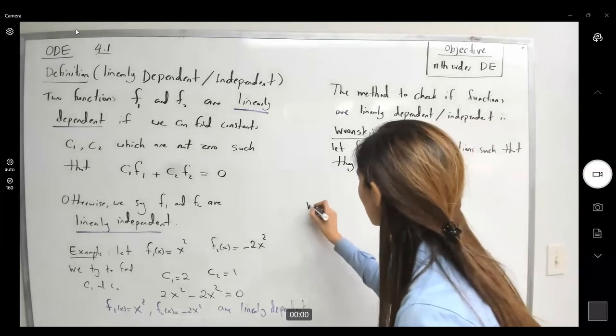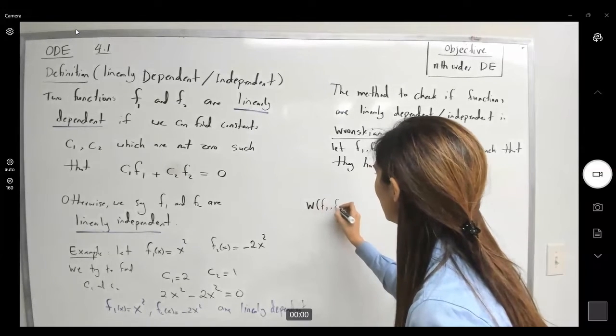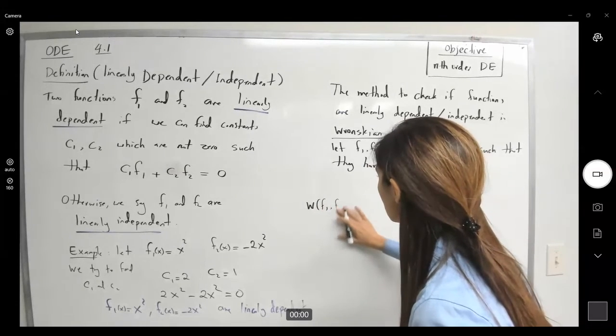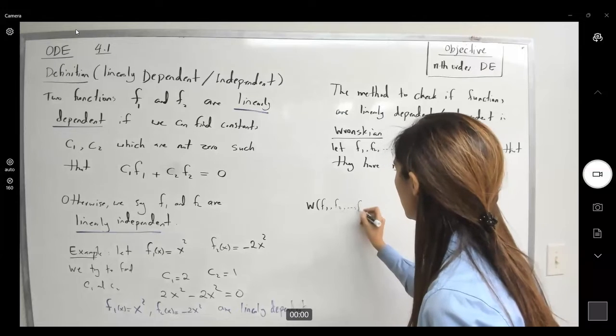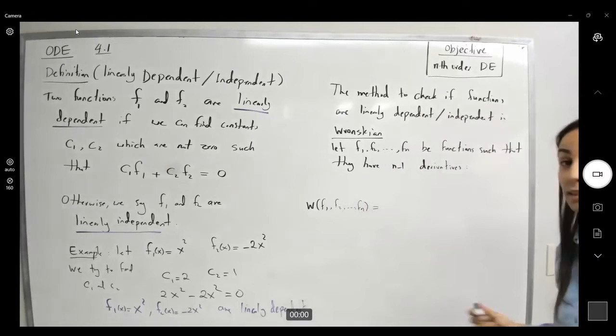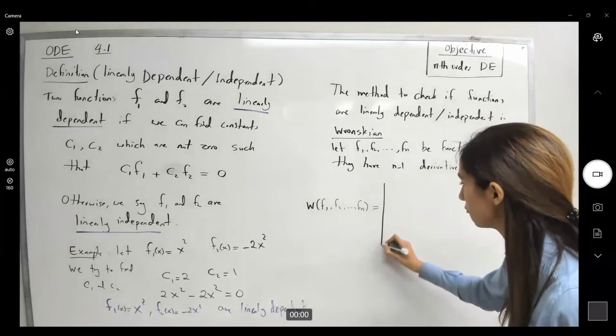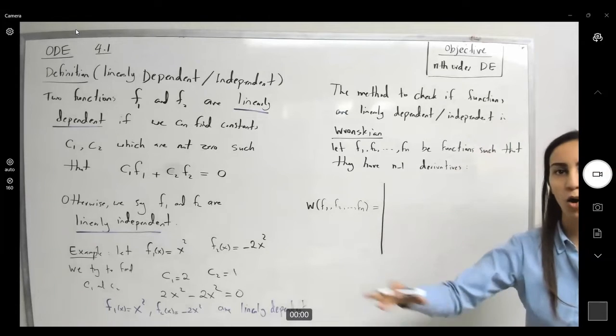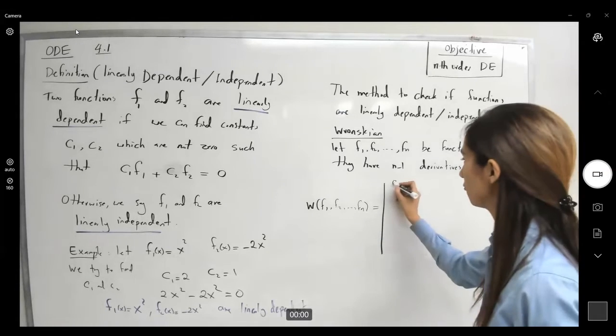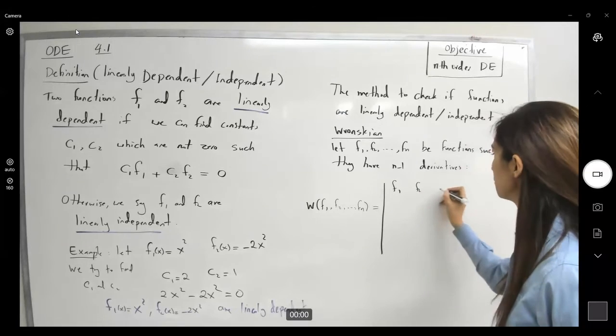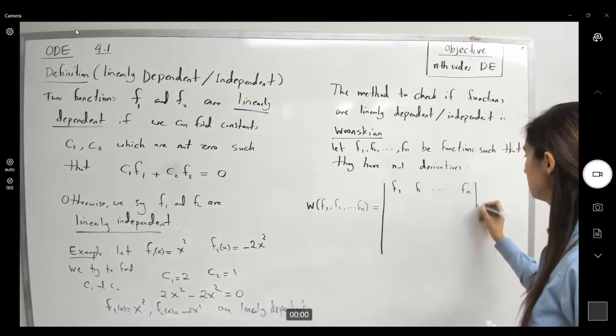So the Wronskian of f1, f2, comma, fn is equal to the determinant where on the very first row, you're going to list all of these functions: f1, f2, dot, dot, dot, fn.